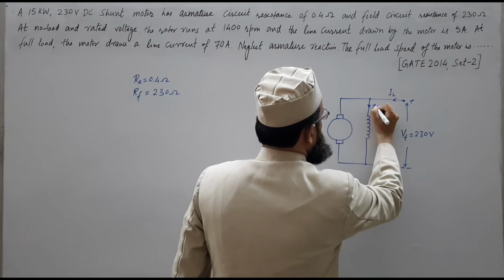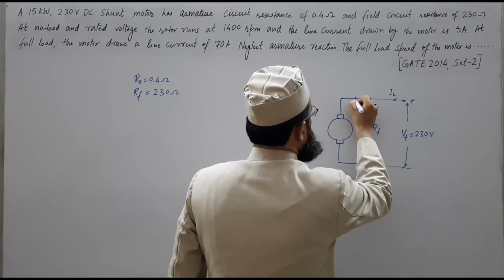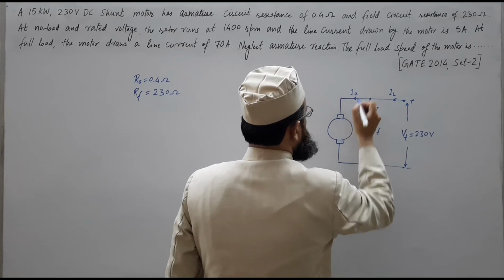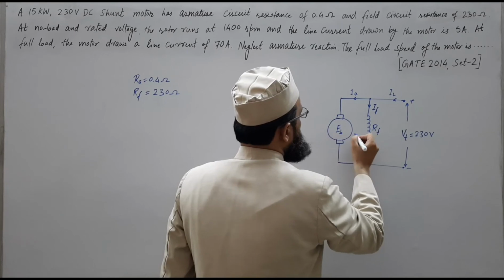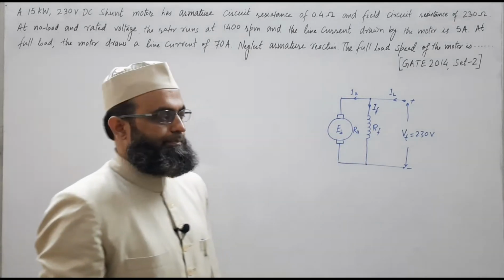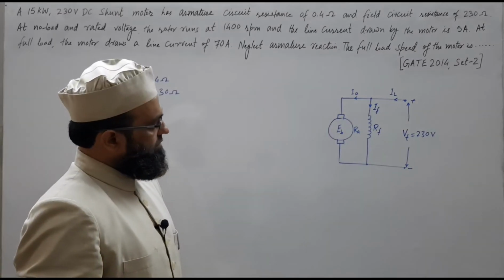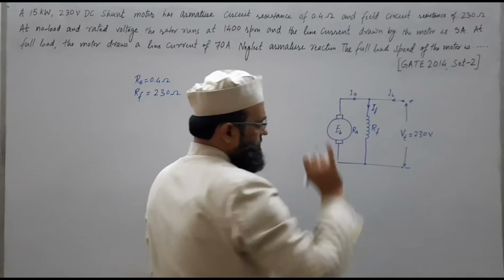So field current is IF, field resistance is RF, current in armature is IA, back EMF is EB, and armature resistance is RA. So at any loading condition, we can apply KCL here and KVL in this loop.